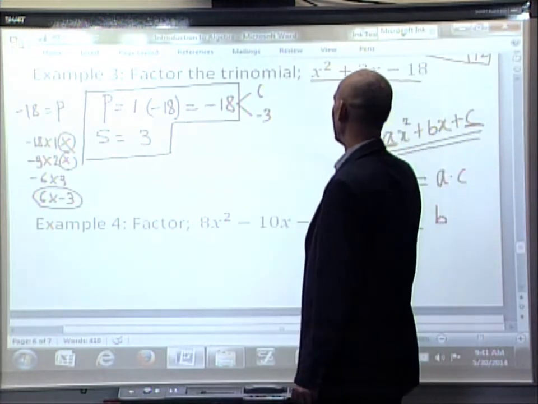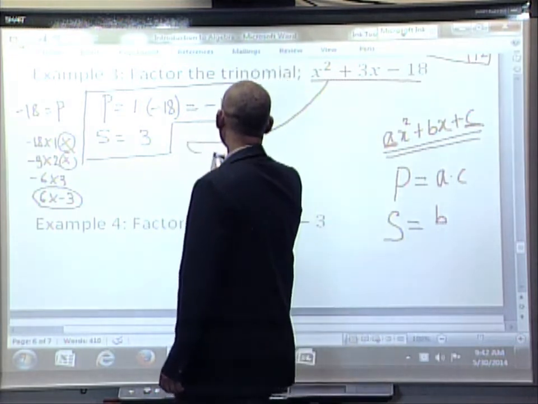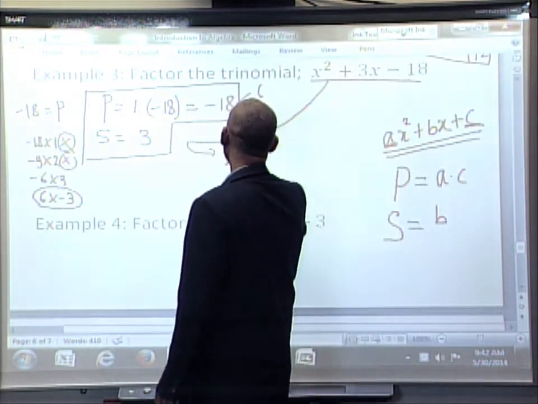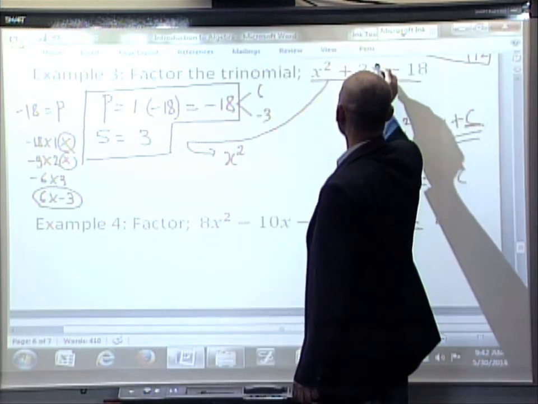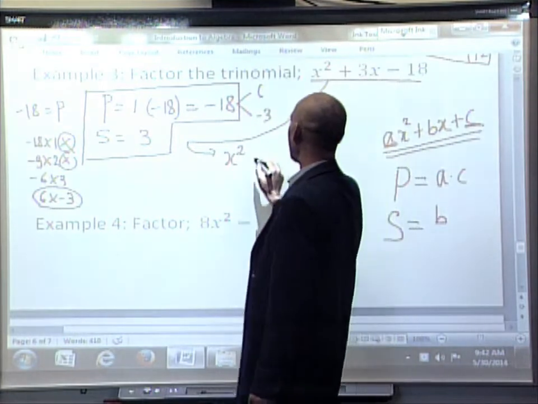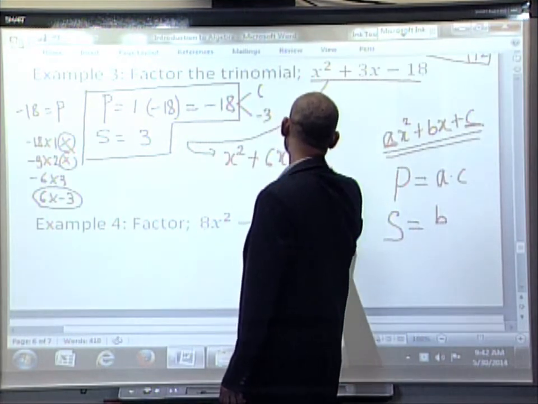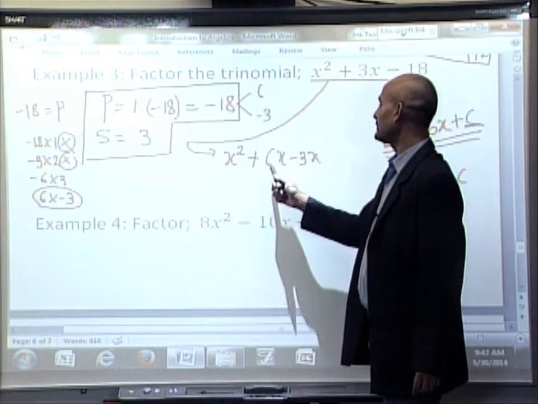How do I use them now? In order to use them, we write the first quantity x squared as it is. Now 3x, positive 3x, can be written as positive 6x, negative 3x. See, 6x minus 3x, these two numbers are used here.